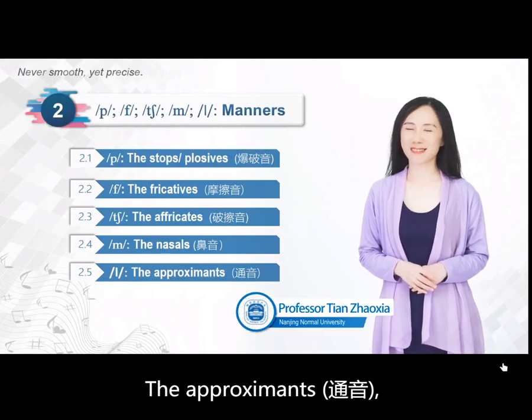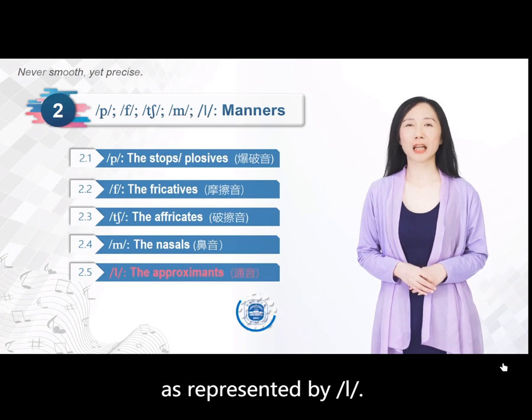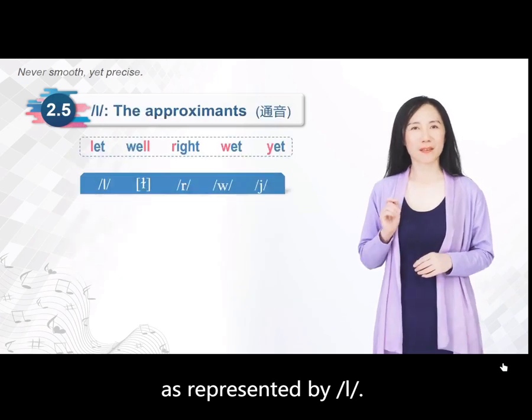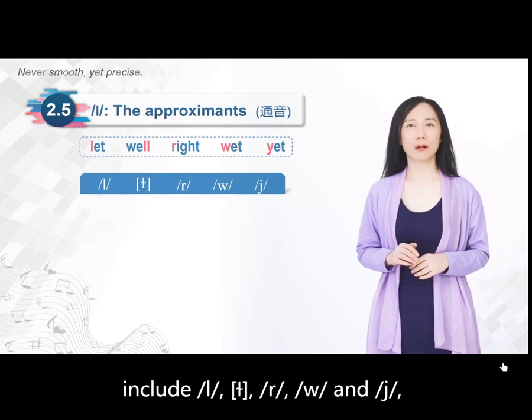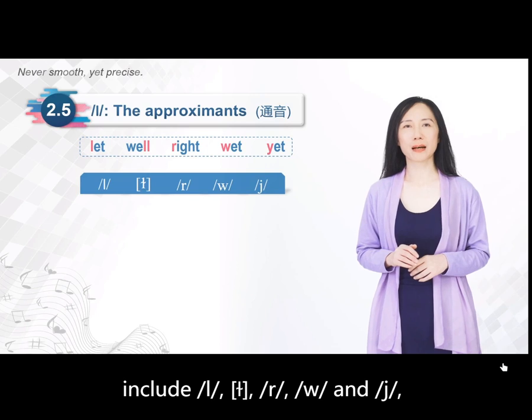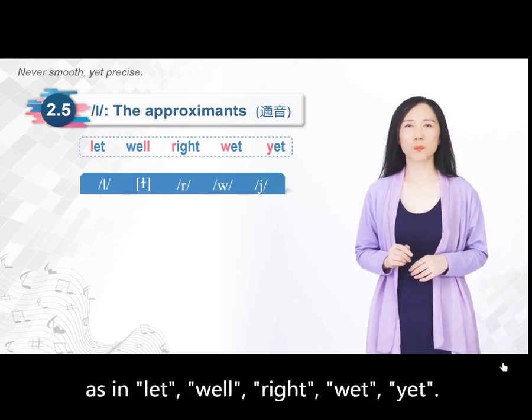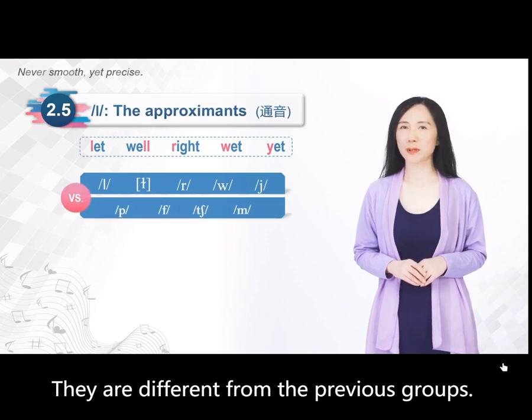The approximants, 通音, as represented by l. This group of consonants include l, r, w, and y, as in let, well, right, wet, yet. They're different from the previous groups.